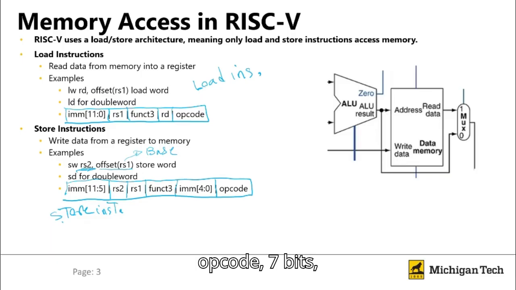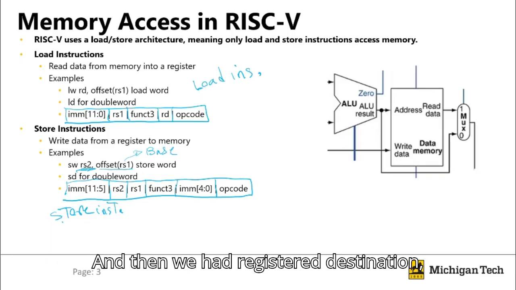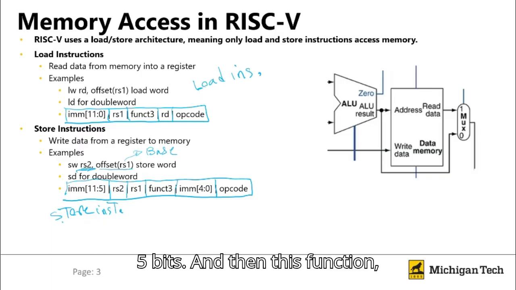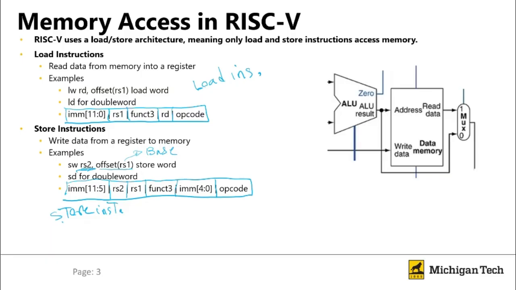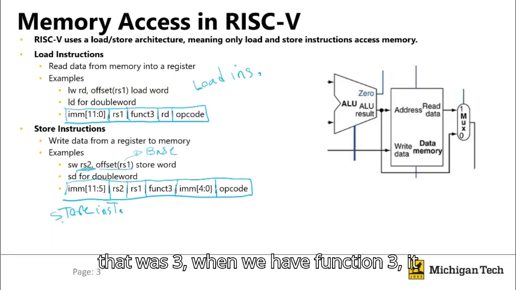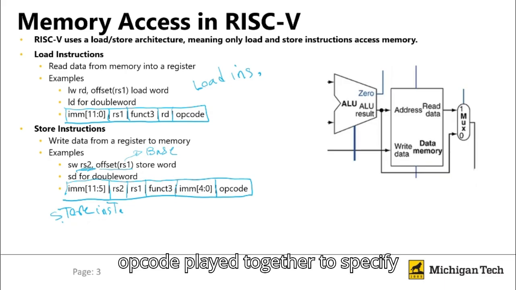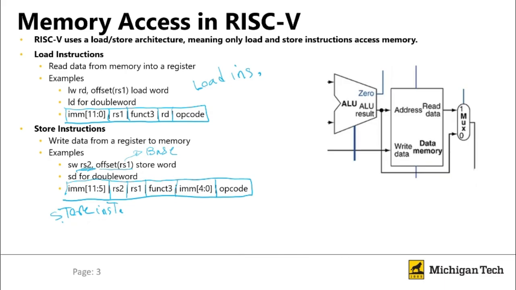We had opcode, 7 bits, and then the destination register, 5 bits, and then funct3, which means 3 bits. This function with this opcode play together to specify which operation you are doing.